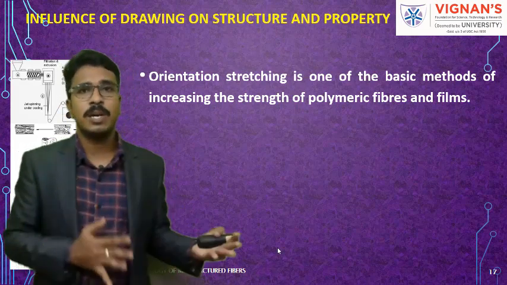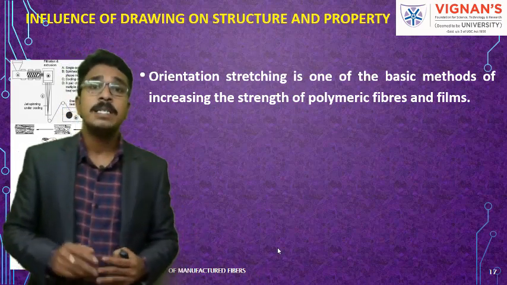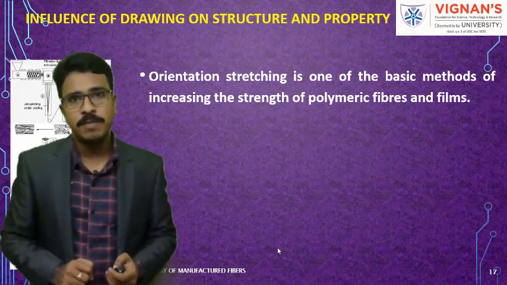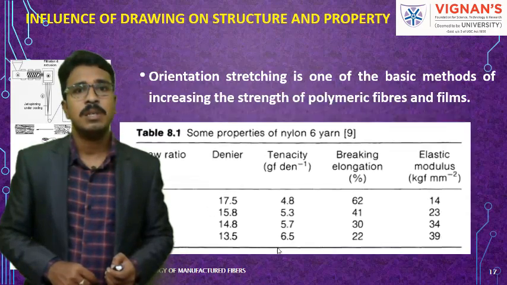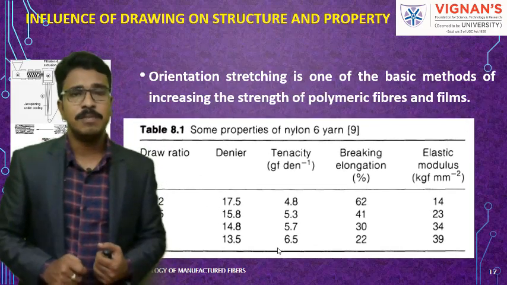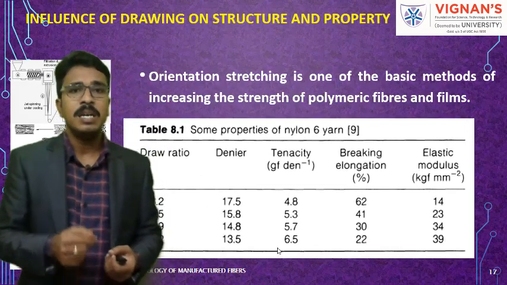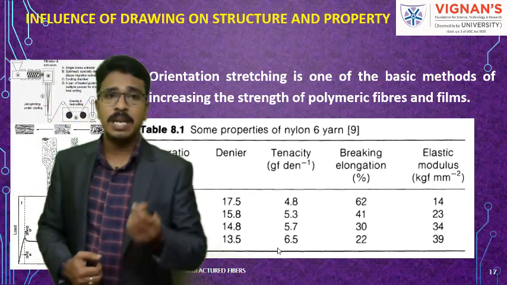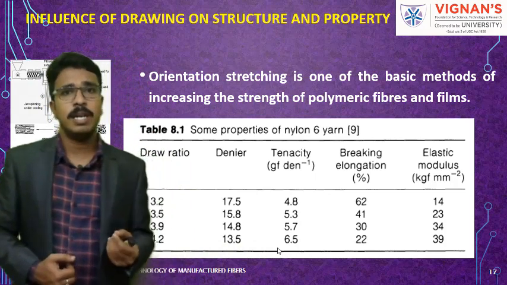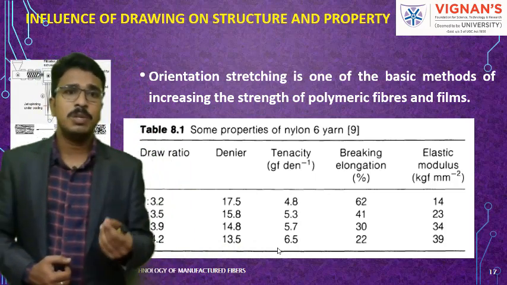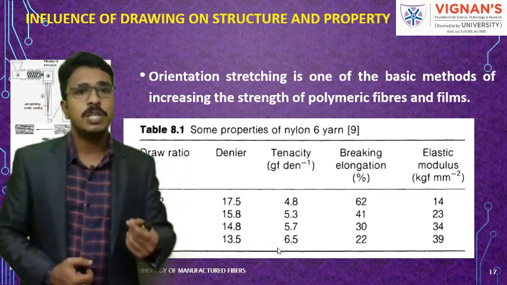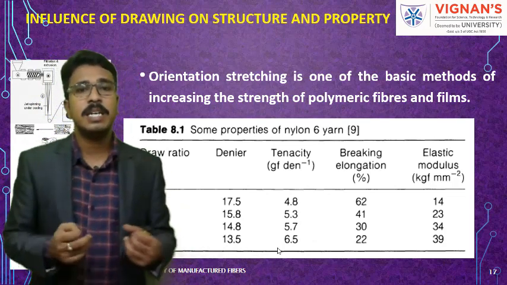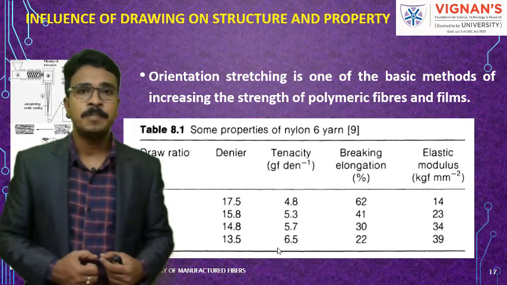Orientation stretching, or drawing, is one of the basic methods of increasing the strength of polymeric fibers and films. Now you can see evidence here from the table, the properties of nylon 6 yarn at increasing draw ratios from 1:3.2, 1:3.5, 1:3.9 and 1:4.2.